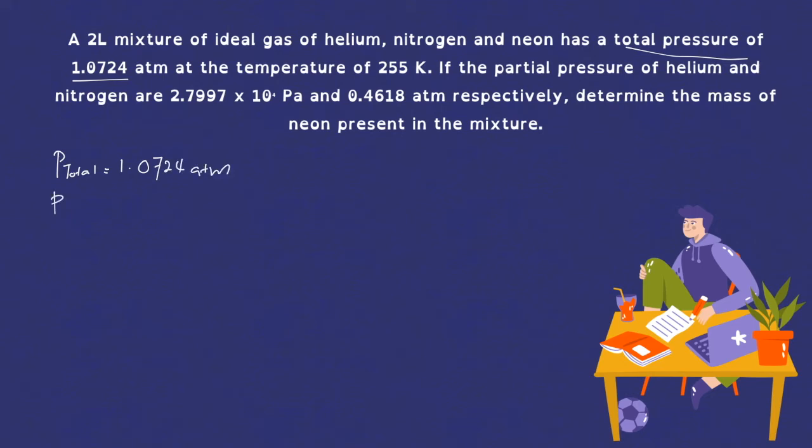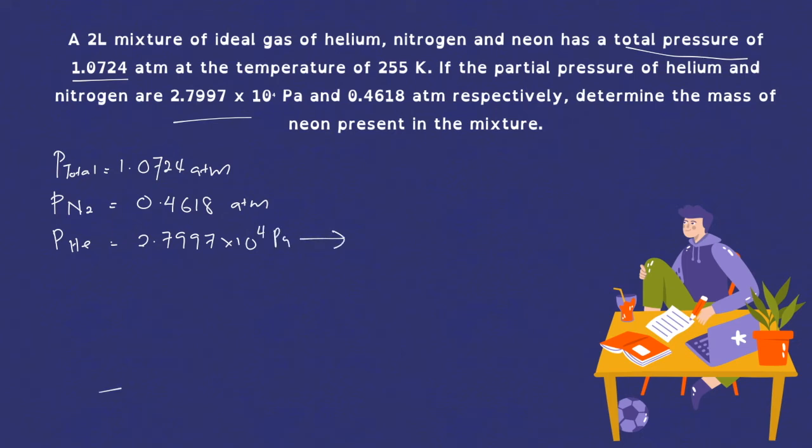And then the pressure for nitrogen is equivalent to 0.4618 atm, and the pressure of helium is equivalent to 2.7997 × 10^4 Pascal. So this one you need to convert to atm, whereby you should get 2.7631 × 10^-1 atm.